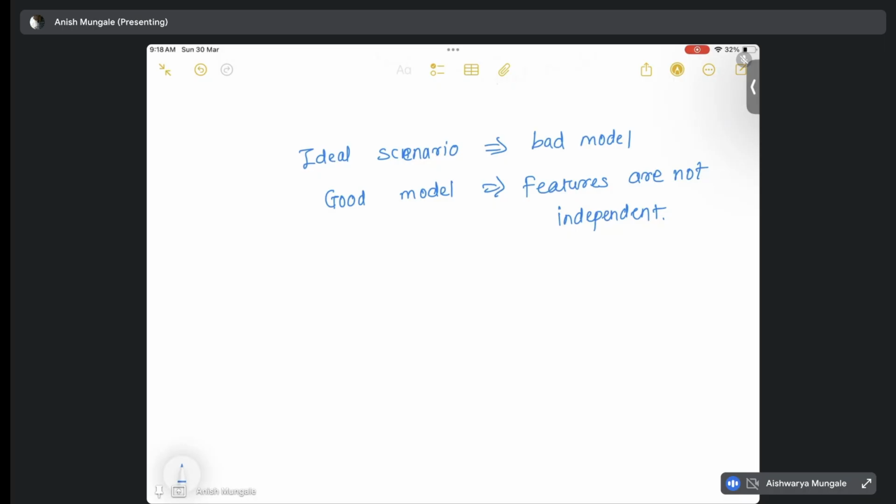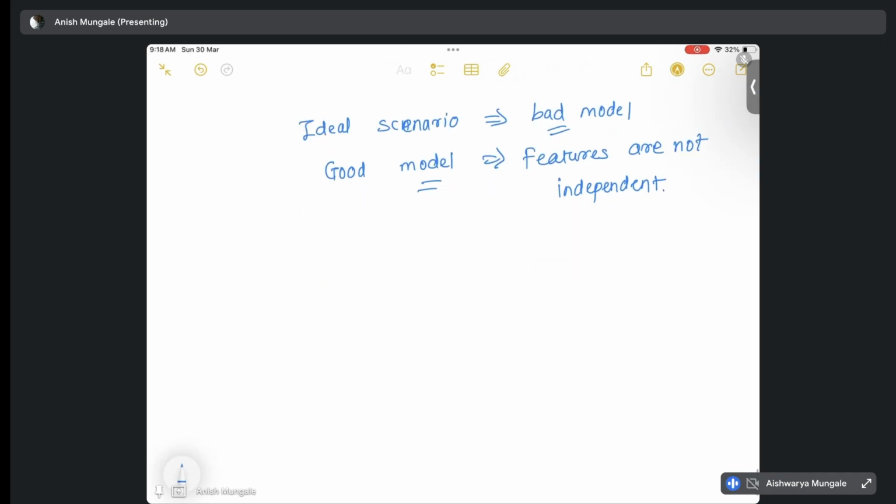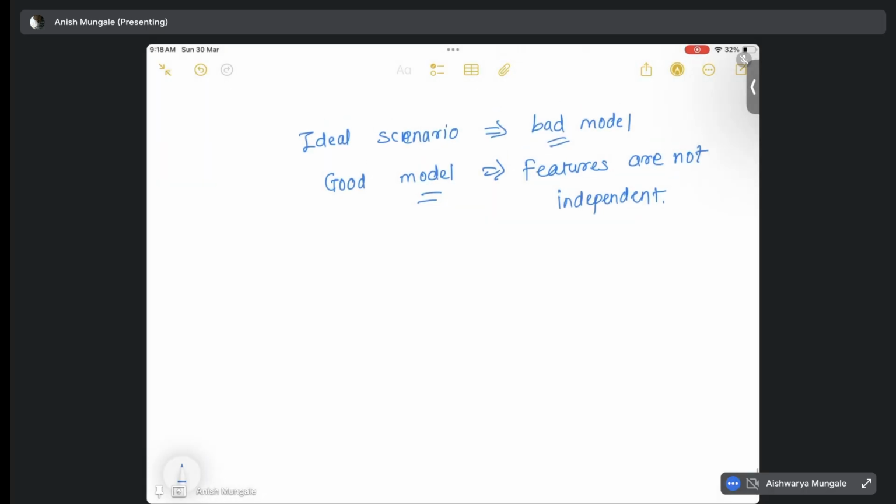But in order to even tell if it is good or bad, we will need to come up with a metric. Which metric did we use for SLR?